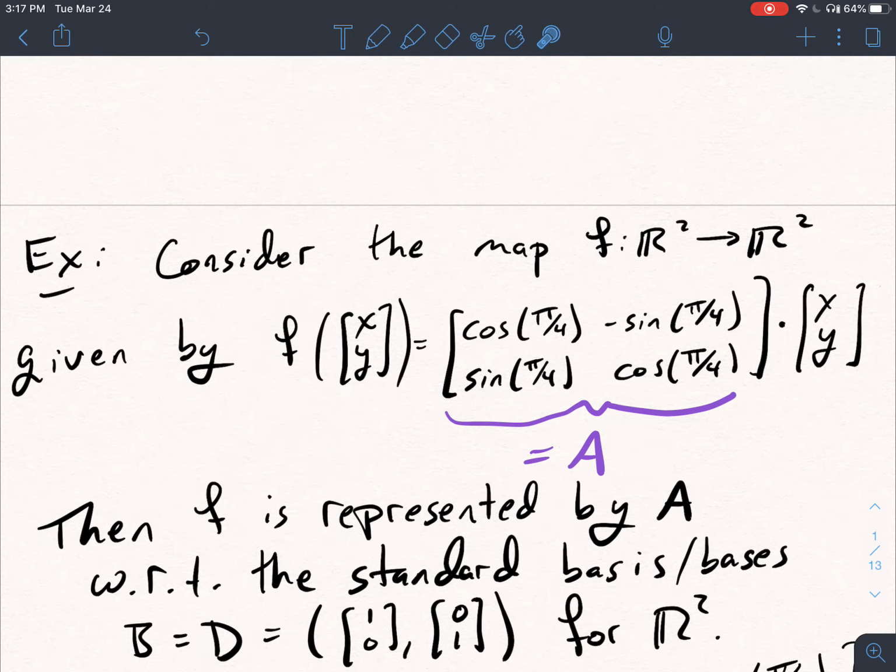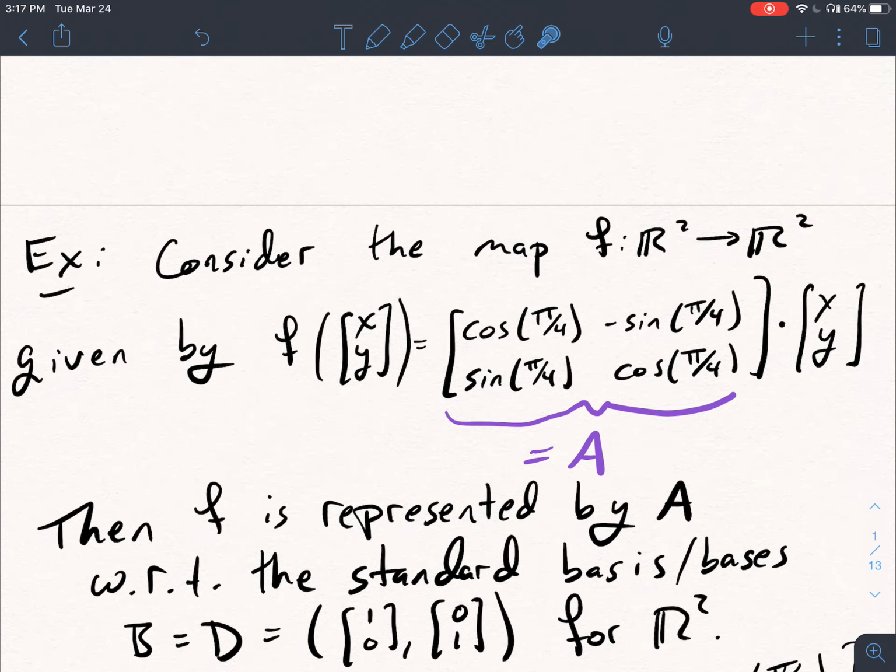Here, because the domain and codomain are both equal, the bases for both are also going to be equal. But in general, you could have a map from R2 to R3. You just have a, I believe, 3x2 matrix. R2 to R3 would be a 3x2 matrix.